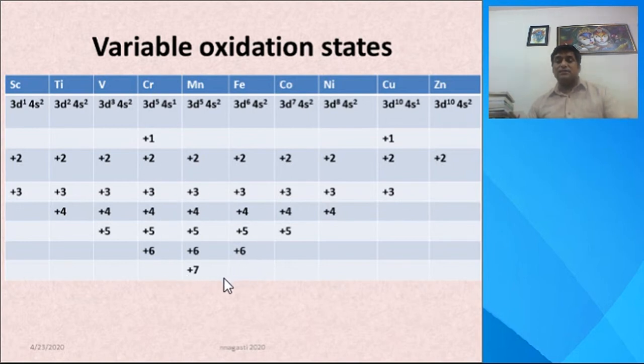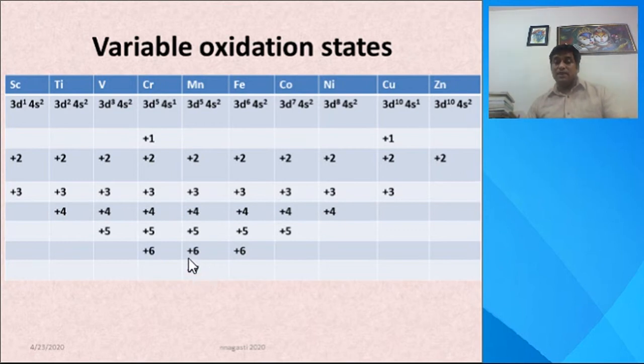But the point we need to keep in mind is, it is not necessary that all the oxidation states mentioned against an element are stable.